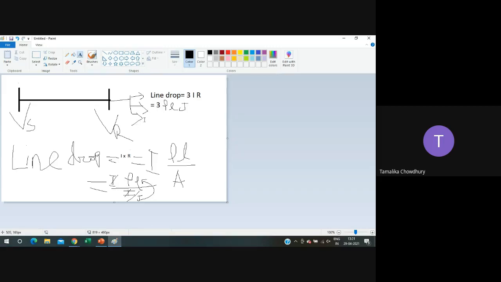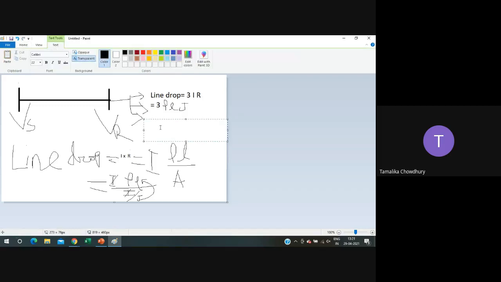So now we'll find the percentage line drop. The percentage line drop is equal to 3 rho LJ by V, because this is just the line drop that you are seeing, 3 into rho LJ. So it will be 3 into rho LJ divided by V into 100.